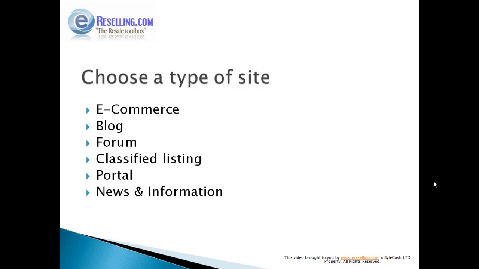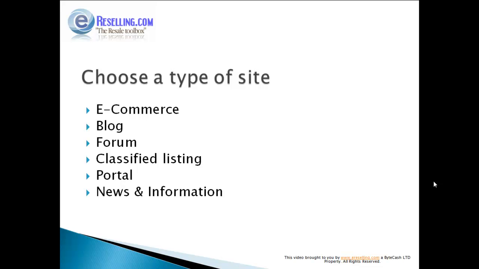So we're going to run through this. We've got classified listings, portals like directories, reviews of things, news and information. You could take what are called RSS feeds from different sites, whether it's about domain names, news, anything. You can find a feed for it, and basically it'll populate your site with content.